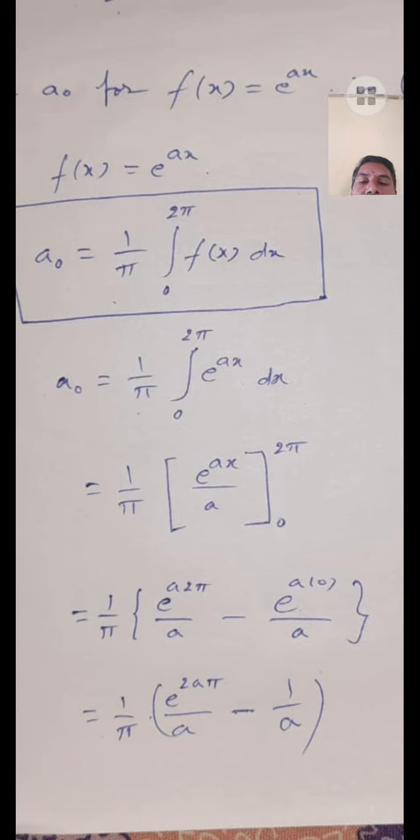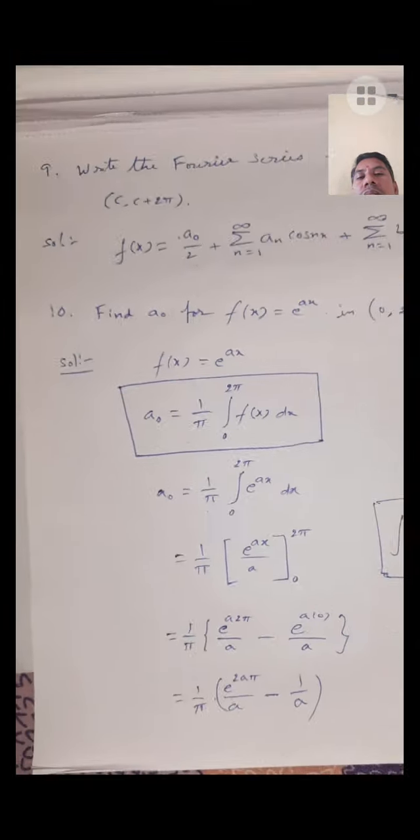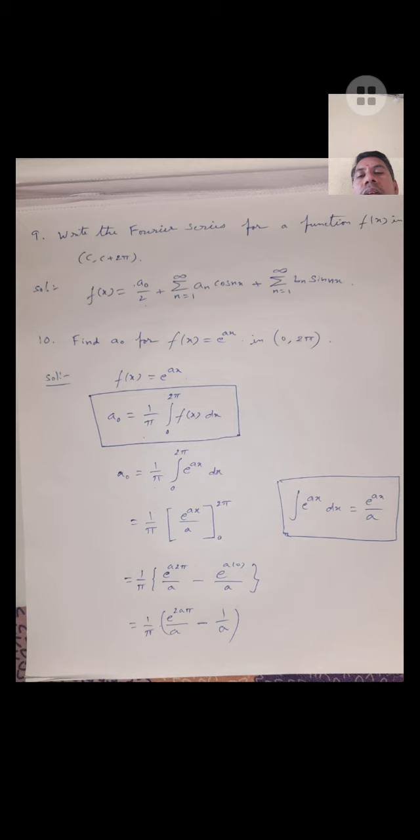So after substitution we get e power 2a pi by a minus 1 by a. Remember the Fourier series and a naught, a n, b n are called Euler's formulas. So Euler's formulas means you have to write a naught, a n, b n formulas.